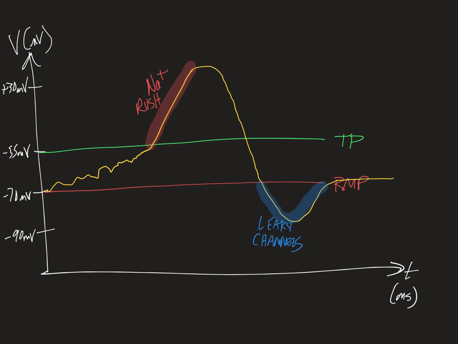And what it does is it sort of shuts down that runaway, because it would just kind of keep going. So those leaky channels shut down what would otherwise just be a kind of a runaway thing that would really whack the cell.